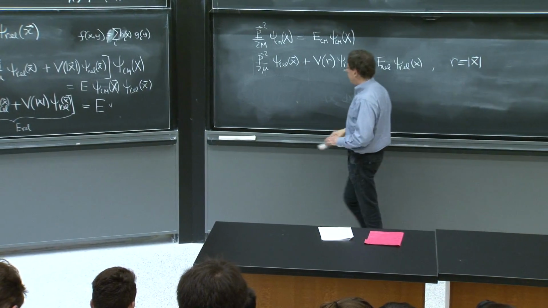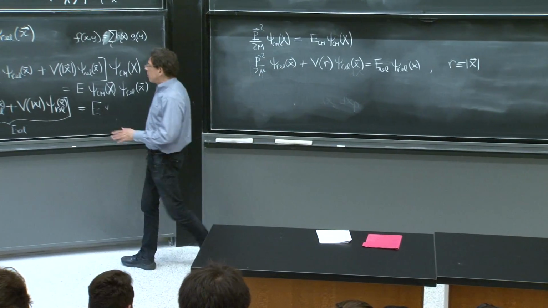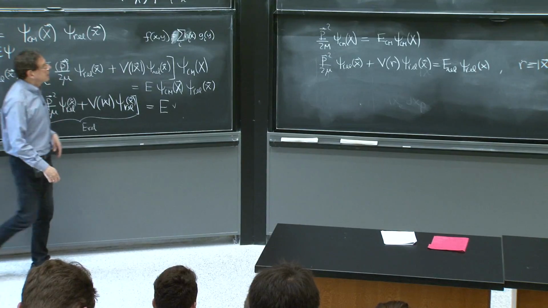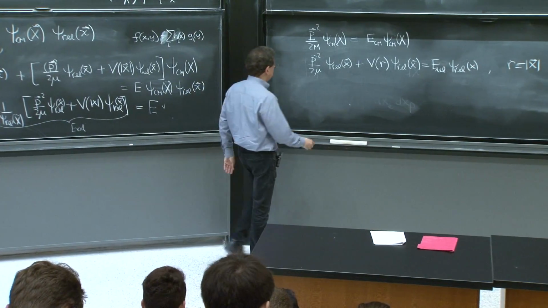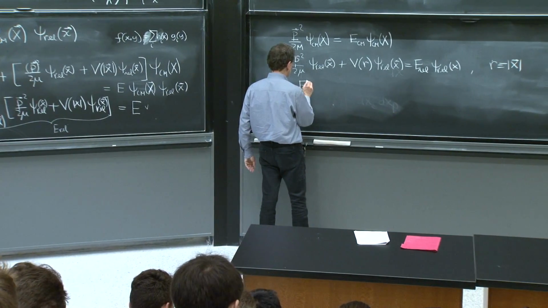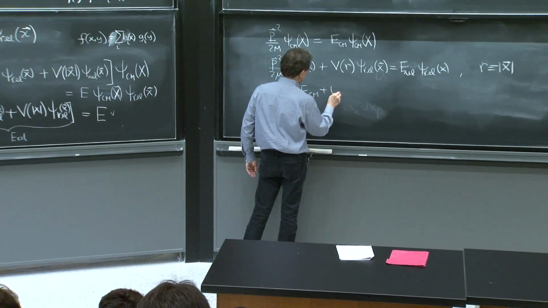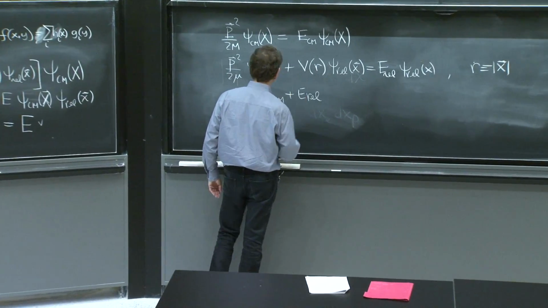So the second equation comes from this term identified with E relative. And the last equation is to say that the total energy is equal to ECM plus E relative.